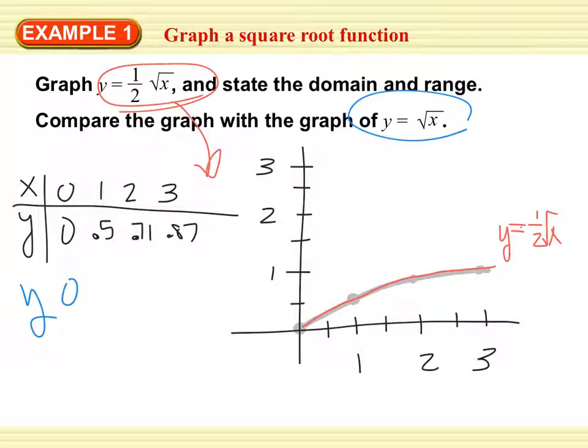Plug it in: 0, 0; 1, 1; 2, 1.41; 3, 1.73. Sorry, I'm moving a little slow.